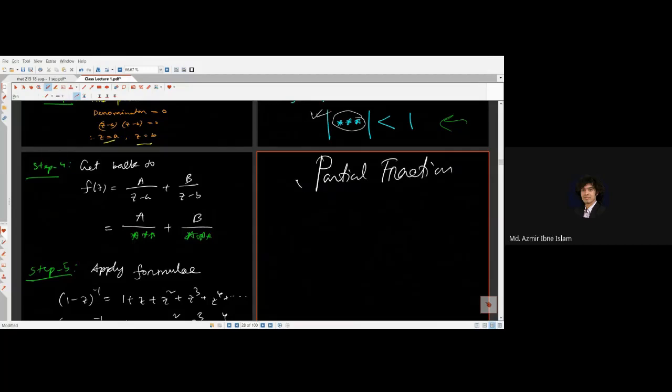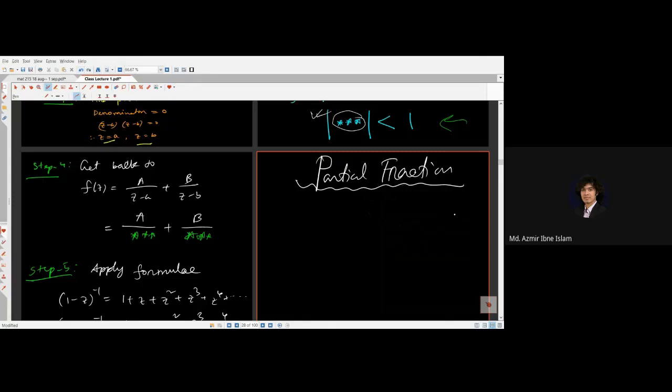Partial fraction is always important. In the circuit analysis course, you have to use partial fraction. In this same course, that is Math 215, within the next 2 weeks, Laplace transform and inverse Laplace transform will be completed. So in that part, you will see the application of partial fraction again. So partial fraction is very important.